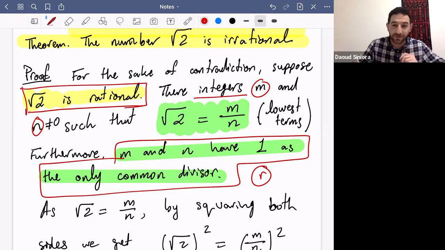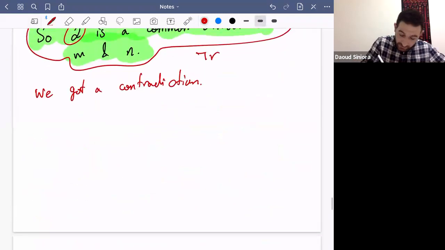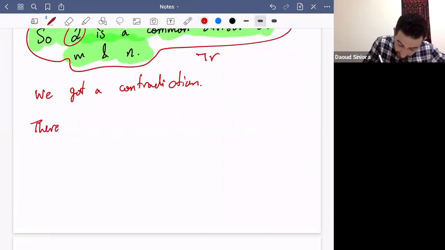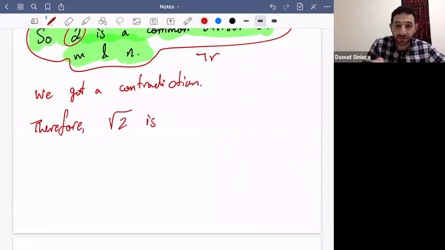So this can't be the case. So square root of 2 can't be rational, because if it is, we get a contradiction. This means that square root of 2 must be an irrational number. Okay, so we got a contradiction. Therefore, square root of 2 is not rational, can't be rational, is an irrational number.